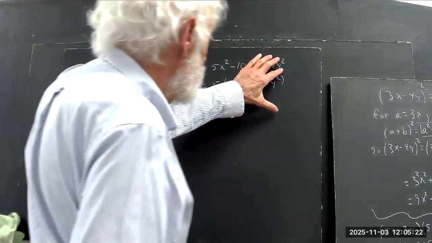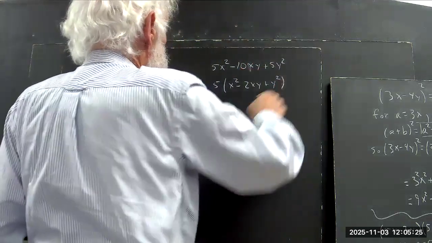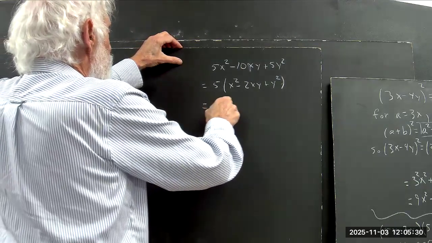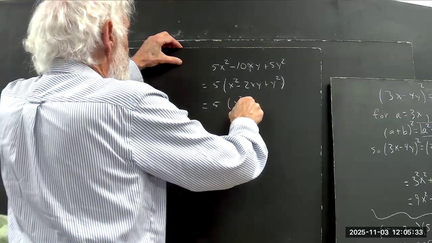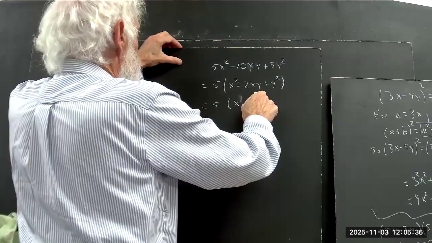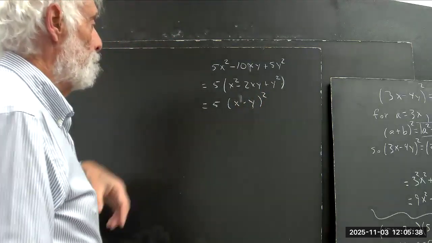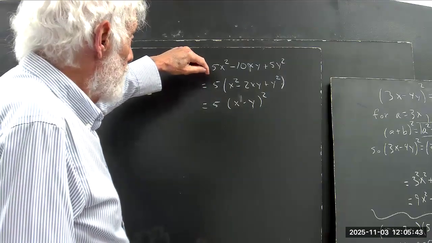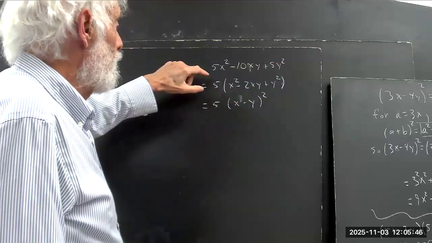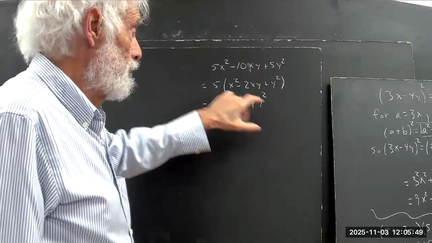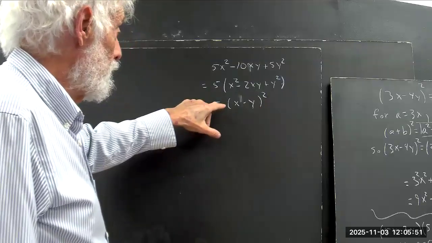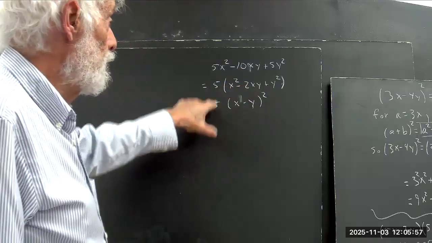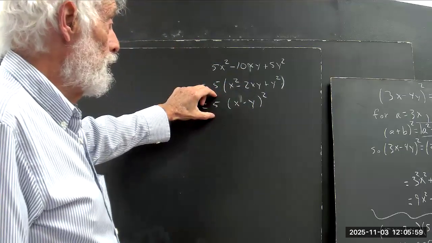And now, I'm not going to go through the details. But this is 5 times x minus y squared. So by expressing this as 5 multiplied by another expression, we see that this expression can be factored so that we can write the original expression in this form.